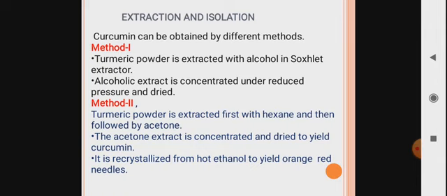Then the alcoholic extract is concentrated under reduced pressure and dried. Method second: turmeric powder is extracted first with hexane and then with acetone. The acetone extract is concentrated and dried to yield curcumin. It is recrystallized from hot ethanol to yield orange red needles.